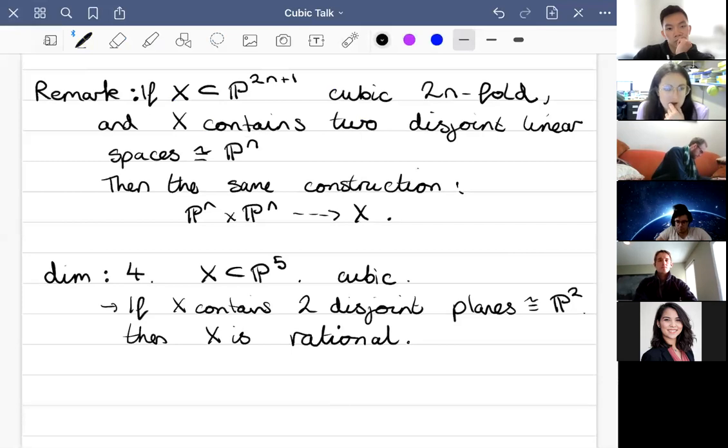Cubic fourfolds contain many lines, so you would definitely be able to find a disjoint one, but it's not immediately obvious that it's rational.